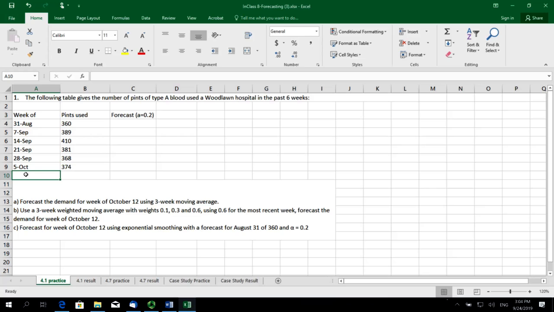So here it is, October 12. Let's highlight. This is the one we are going to answer, and it uses a 3-week moving average.